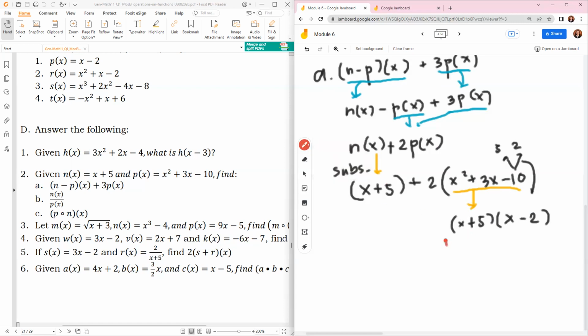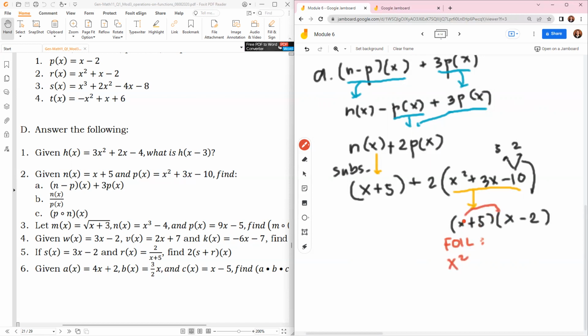If we use the FOIL method, we look for the factors of that expression. Let's look for the first term. x times x would be x squared, right?